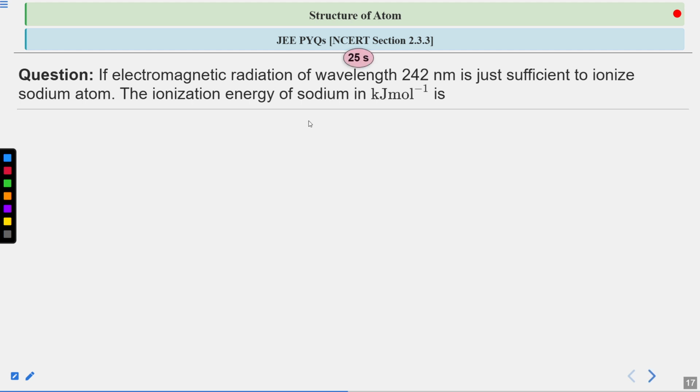You've got some time, try to solve this, and then we will see what the correct ionization energy of sodium is.